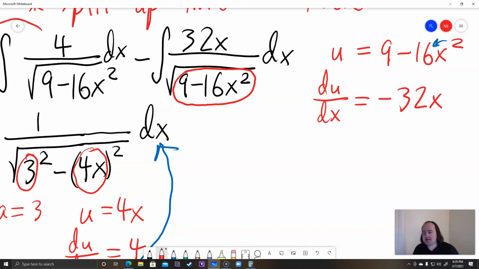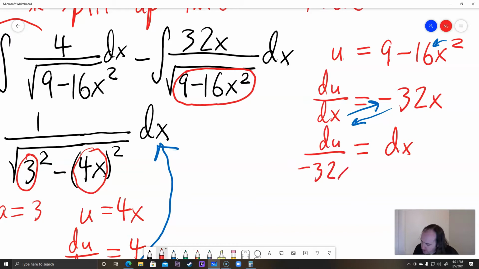And then isolating dx, we multiply both sides by dx and divide both sides by negative 32x. We're going to get du over negative 32x equals dx. Okay, and we can just plug in the du over negative 32x in for dx right here.